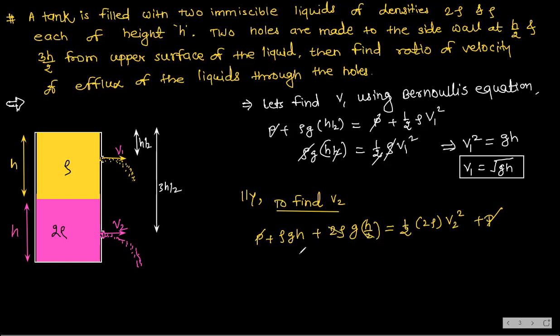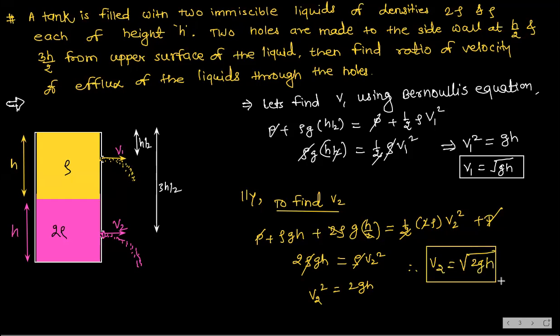So rho gh plus rho gh, 2 rho gh, is equal to rho v2 square, this 2 and this 2 again cancel, and this rho and this rho you cancel. And you are getting v2 square is equal to 2gh, and therefore v2 is equal to under root 2gh.